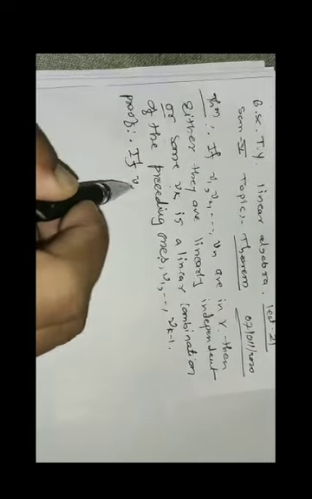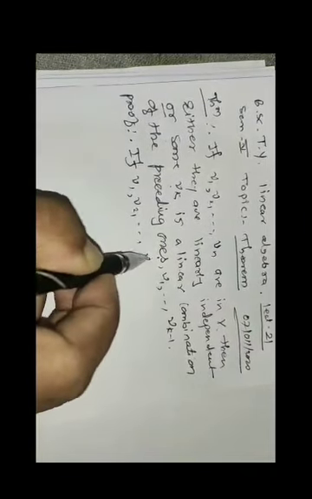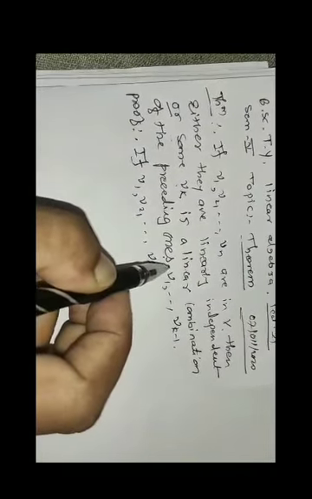So if these vectors v1, v2 to vn are linearly independent, then of course there is nothing to prove.